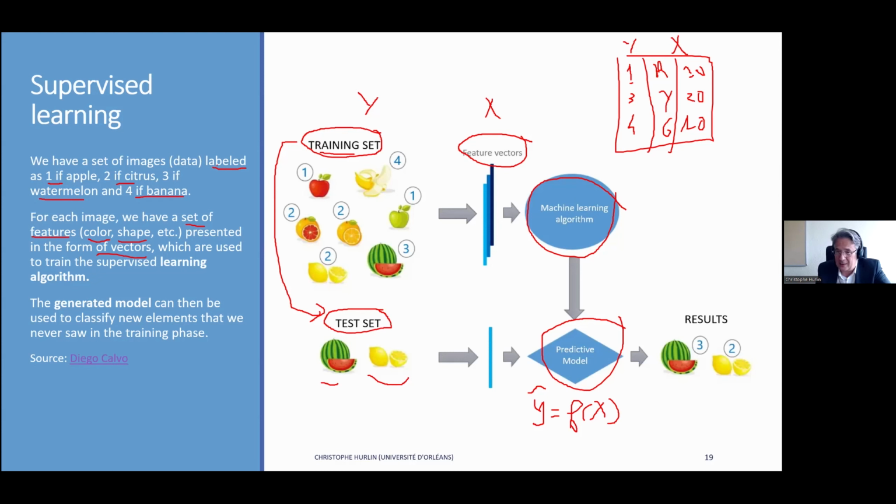Then, given the X, the features of this data set, we will predict the label Y for these images. And we say, okay, the model predicts, for instance, that these images correspond to watermelon, these images correspond to a citrus, etc.